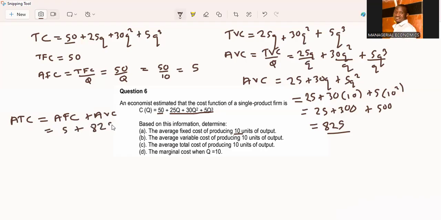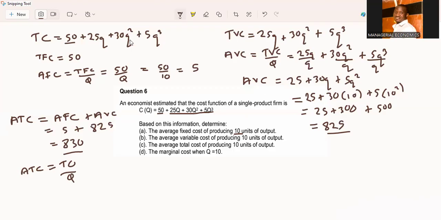And you add these two, you get 830. Or you can use a shortcut. You say average total cost is simply the total cost divided by quantity. Then you start dividing the entire total cost function by quantity. This one will be 50 over Q, this one will be 25, this one will be 30Q, this one will be 5Q². Then you evaluate.